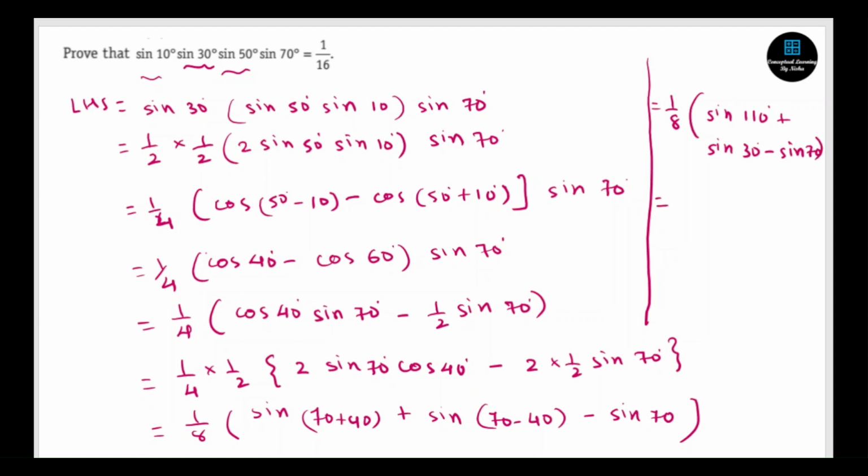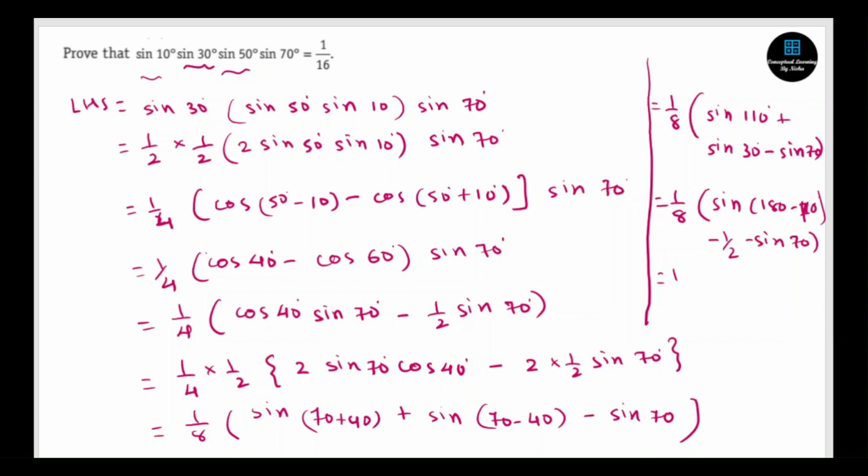Now sine 30 value I know, which is 1/2. Sine 110 is sine of 180 minus 70, the pi minus theta form, so that is sine 70.